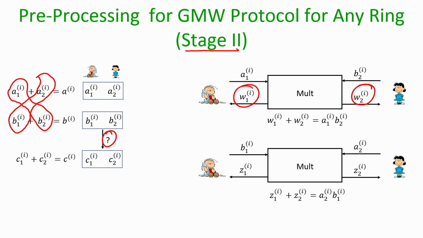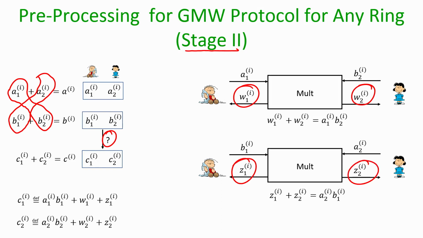The mult protocol will produce random shares of the cross term A2 times B1 as output, and now the overall share of C, the AND of A and B, for the first party will be whatever it can compute locally plus whatever it has received in the 2 instances of the mult protocol. Similarly, for the other party, whatever she can compute locally, and whatever she has received in the respective instances of the mult protocol, summed together, will be her share of the C value. And it is easy to see that the security of A and B is preserved in this case as well.